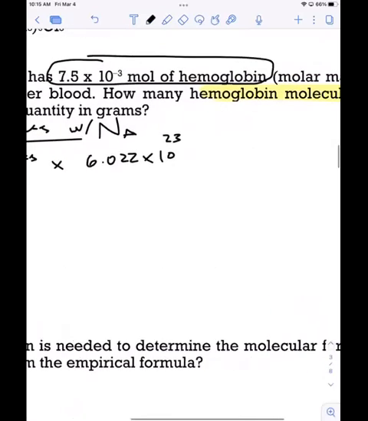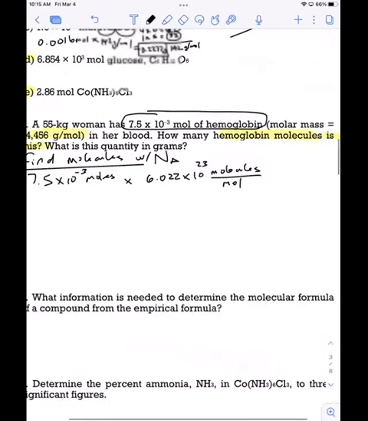On the bottom, remember, we can put whatever we want, so we want molecules per mole. Is that right? So the moles are going to cancel.